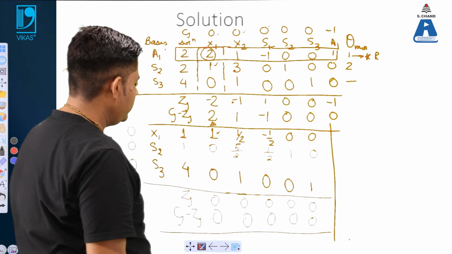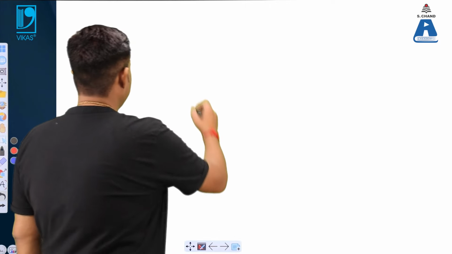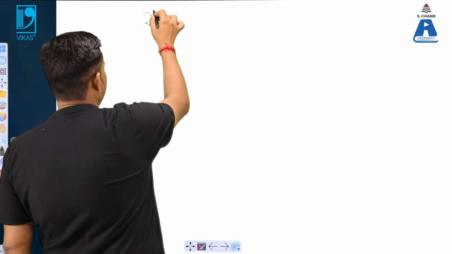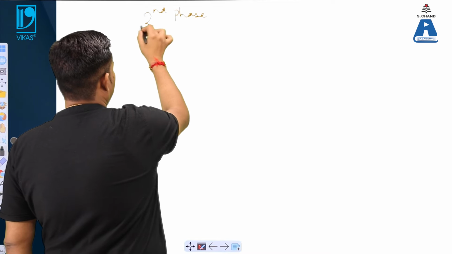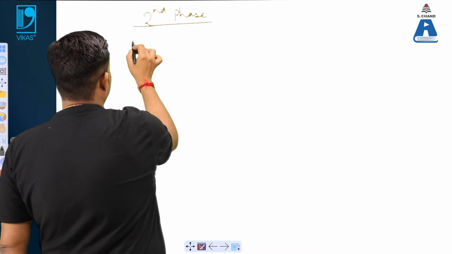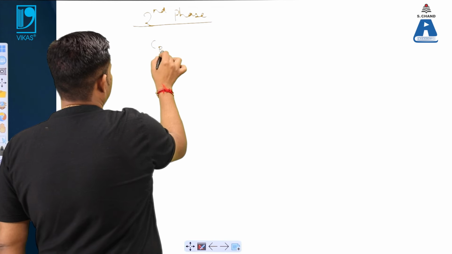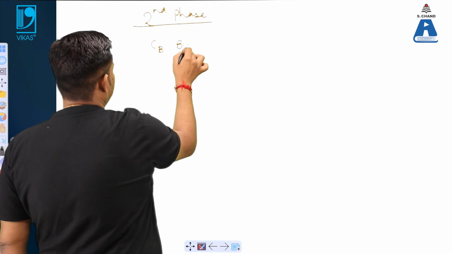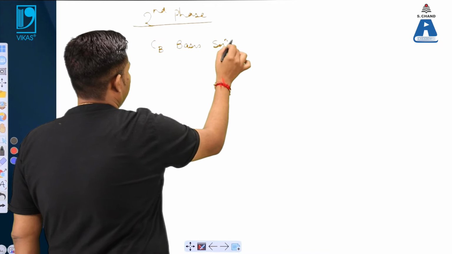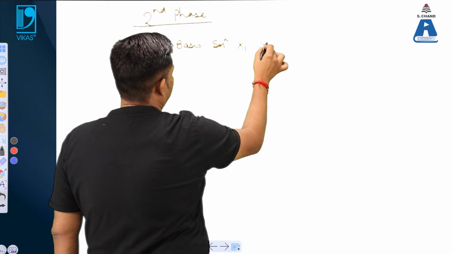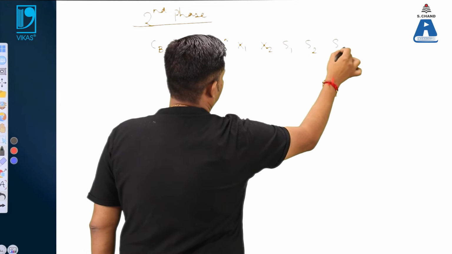Now in the next step, which is the second phase of this two-phase method, we have to make the table again. The table which we have made in general was CB, basis, solution, then you had x1, x2, s1, s2 and s3.